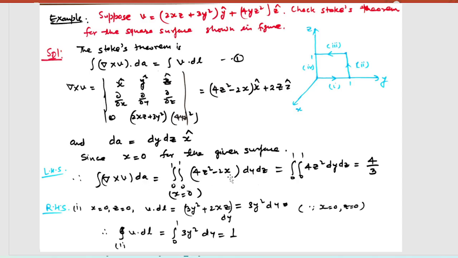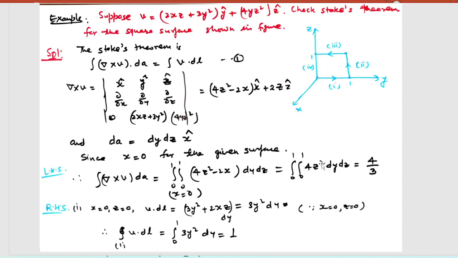So 4z square minus 2x along x cap, and x cap dot x cap gives us the value, while the z cap term gives 0. So only we have (4z square minus 2x) dy dz, and the limits are 0 to 1, 0 to 1, because y is varying from 0 to 1 and z is varying from 0 to 1 for this area.